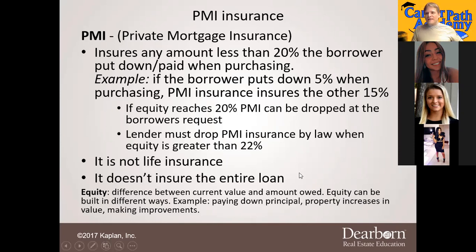But if you put down less than 20%, you also have to pay the monthly mortgage insurance premium that's similar to PMI. So you're paying a higher insurance premium with an FHA loan because the insurance insures the entire loan. Okay, so it's better to have a conventional loan.